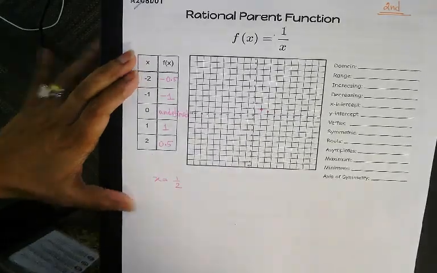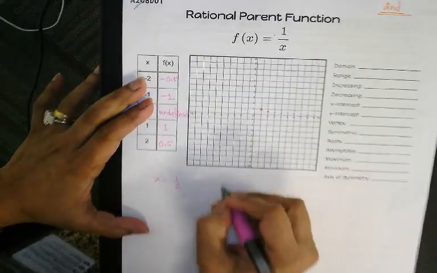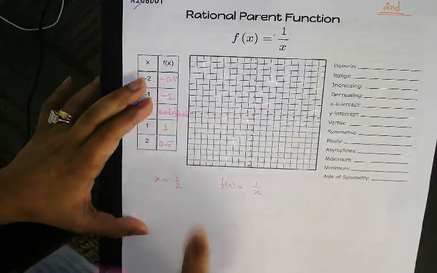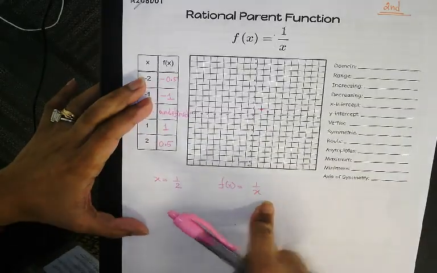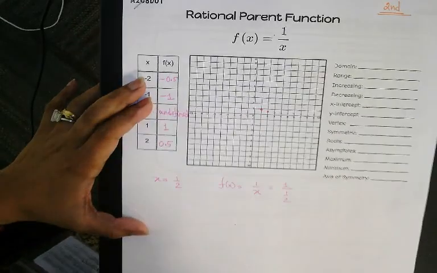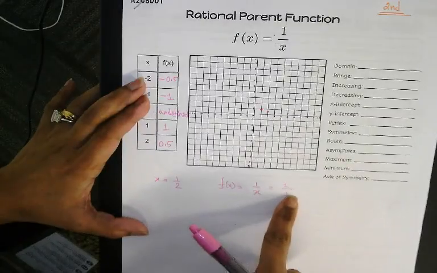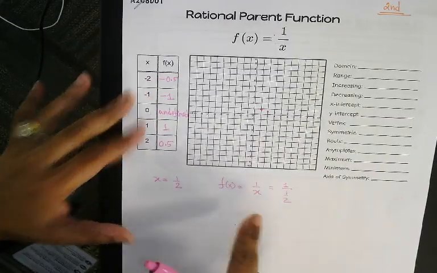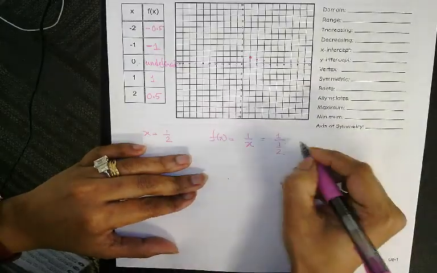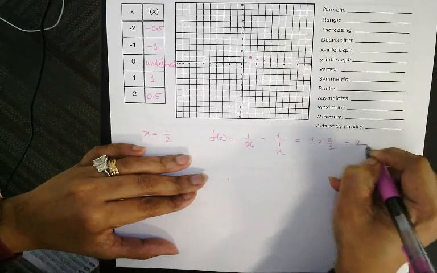If I plug in x is 1/2, and my function is given as f of x is equal to 1 over x, I'm plugging in 1/2 in place of x. So how do I do that? 1 over 1/2. Correct? If I plug this in, it's keep, change, flip. 1 times 2 over 1, it's going to give me 2.